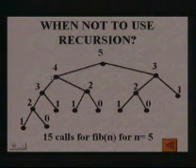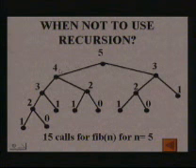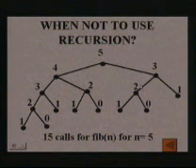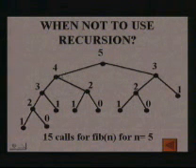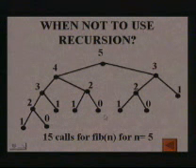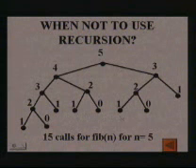Then when 4 comes, it will call the same function fib with 3 and 2. When 3 comes, it will call the same function with 2 and 1. Just notice that each time I am changing my parameter, and at each call I am coming nearer to the solution. But the moment I have the values 1 and 0, this is the terminating condition, and finally 1, 1, 1 will be added, and the result will be stored.